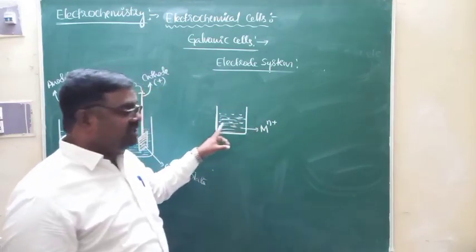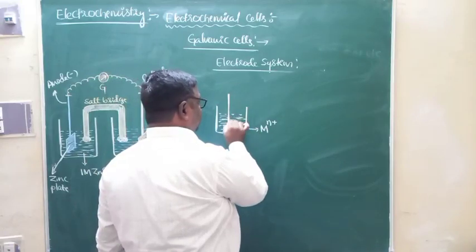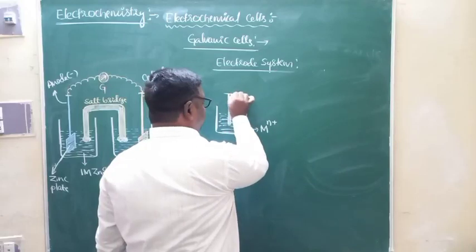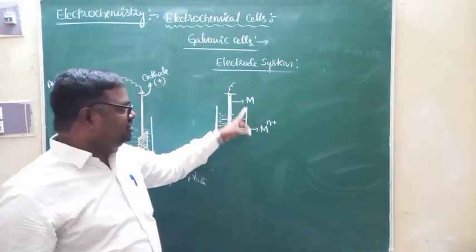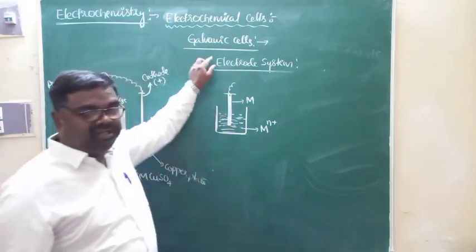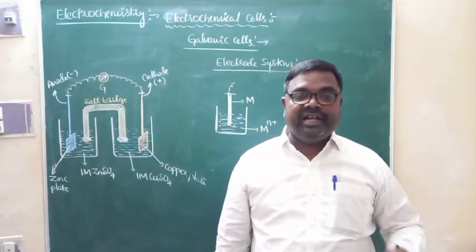When a metal is placed in a solution containing its own ions, that results in what we call an electrode system.